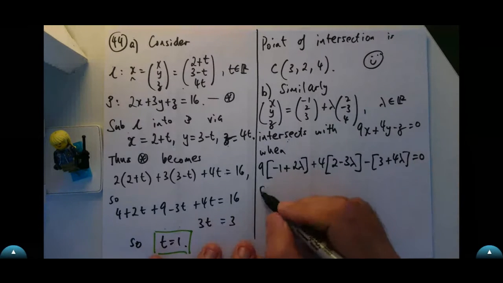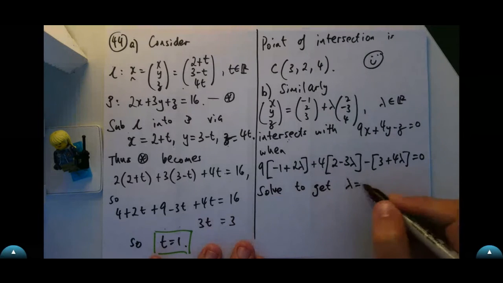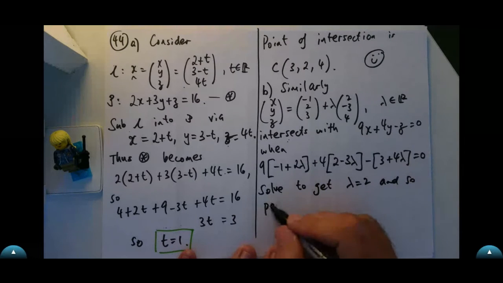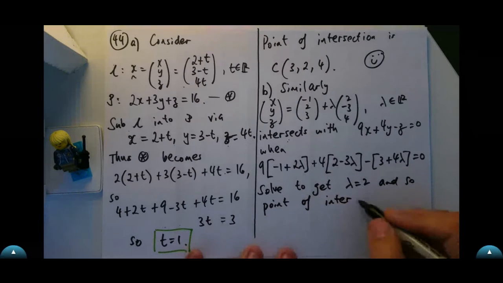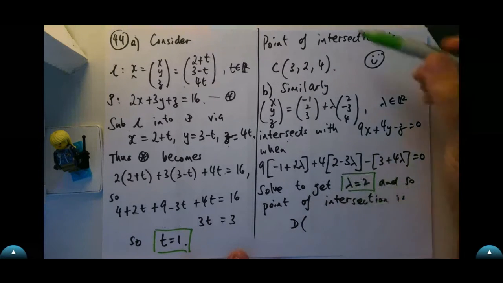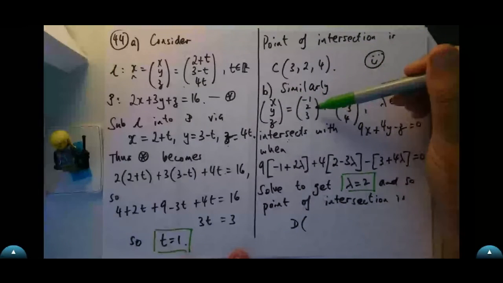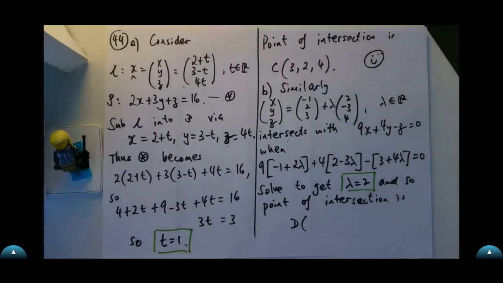So I think according to my calculations, you should check this, I think lambda equals 2. And so the point of intersection, good one, Anna, thank you, is, so when lambda equals 2, x will be -1 plus 2 times 2, y equals 2 minus 3 times 2, and z equals 3 plus 2 times 4.